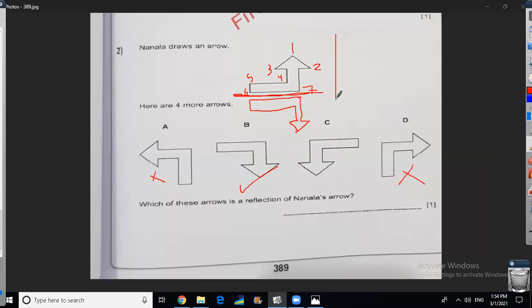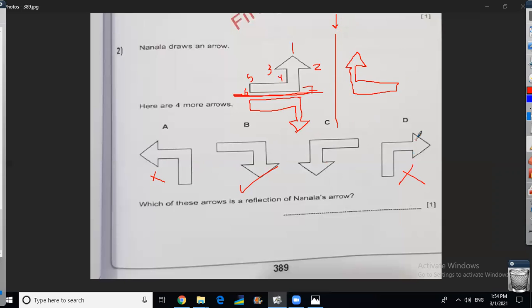Unless this was reflected through the vertical mirror line. So this was going to still be up, look, I don't need to be accurate now. And then it was going to go left, this way. That's if the mirror line was vertical, which is not here.